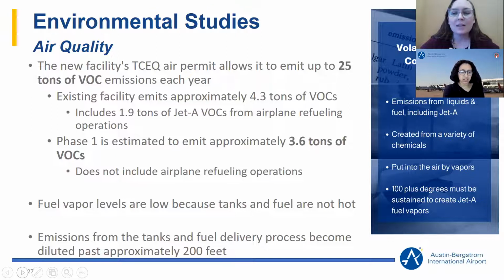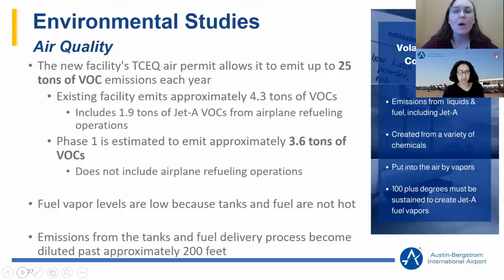An analysis from our third-party environmental consulting firm estimated that the current facility emits approximately 4.3 tons of those emissions a year, and that does include 1.9 tons of emissions from the airplane refueling operations that you saw earlier in the video. Now, phase one of the new facility is estimated to emit approximately 3.6 tons of VOCs, and that does not include any airplane refueling operations.